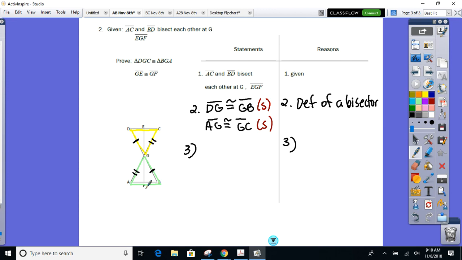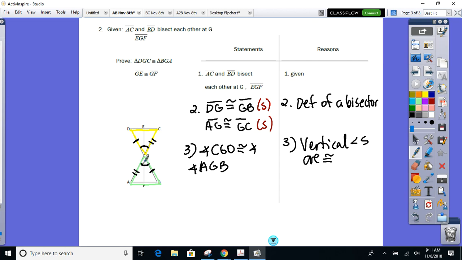What do you got, Dewey? Where are they? Name them. What is it? Sorry, I didn't hear the first one. Yep. CGD congruent to AGB. Yep, everyone see the vertical angles there?